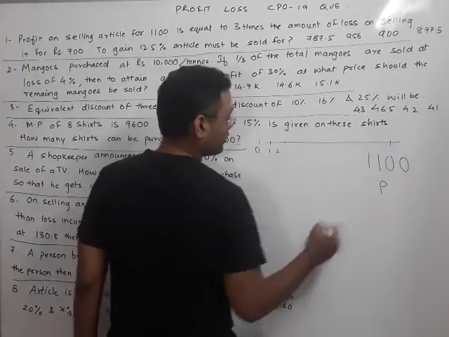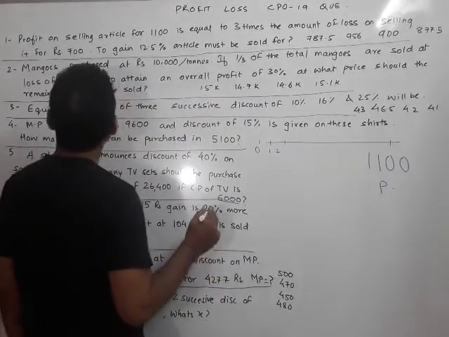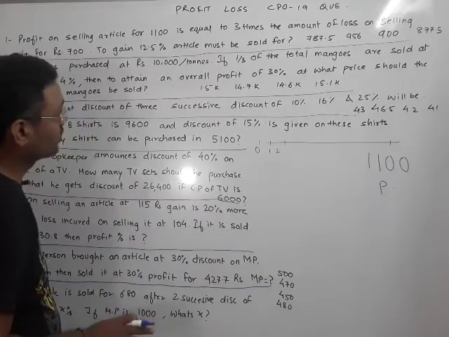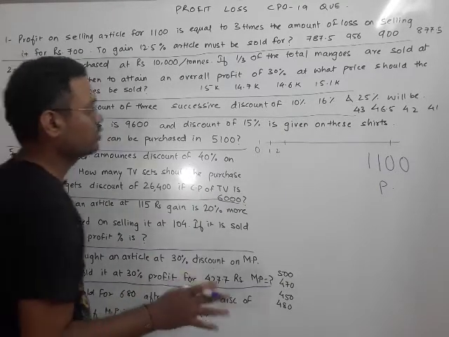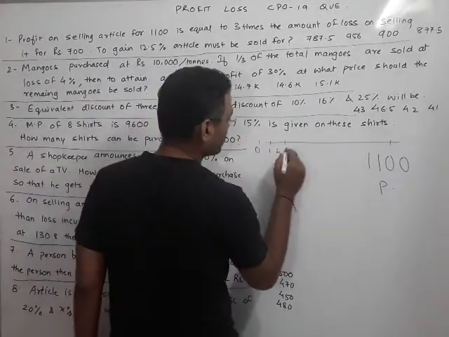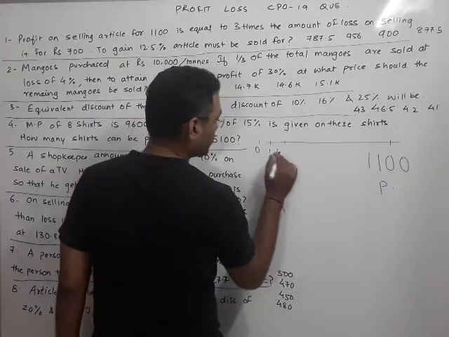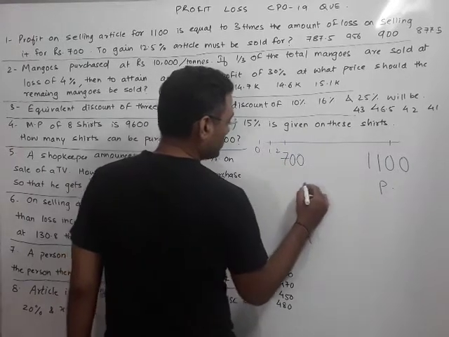So here it is 1100, and I am selling the article for 1100. Profit on it is something, so loss on it will also be something. It is sold for 700, and here I am incurring a loss.